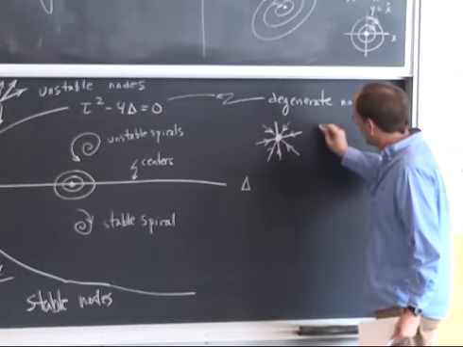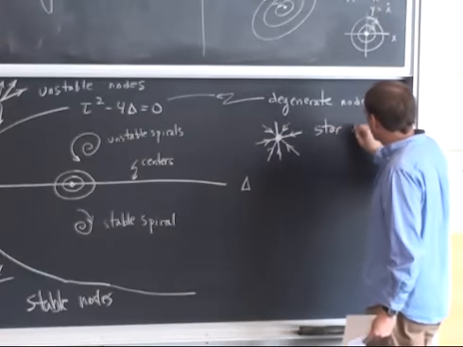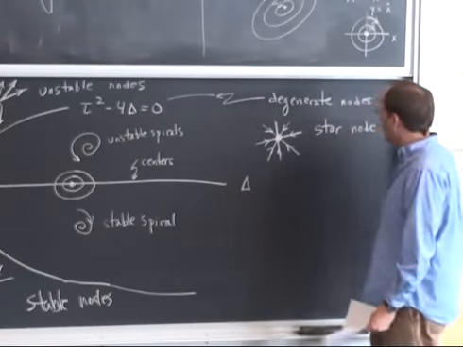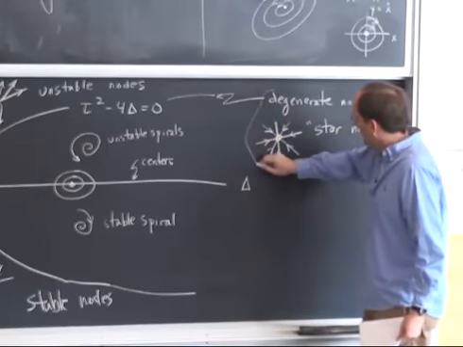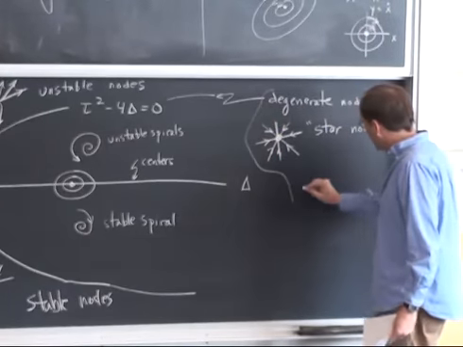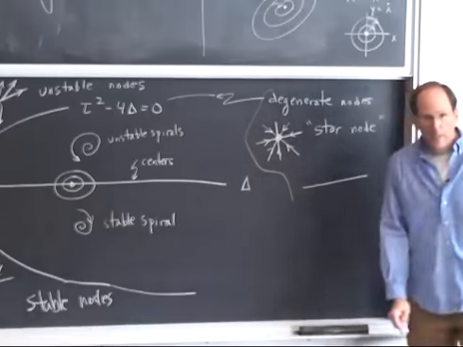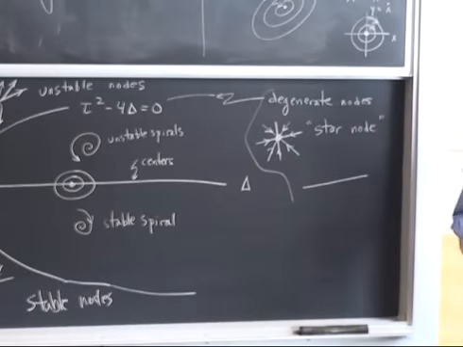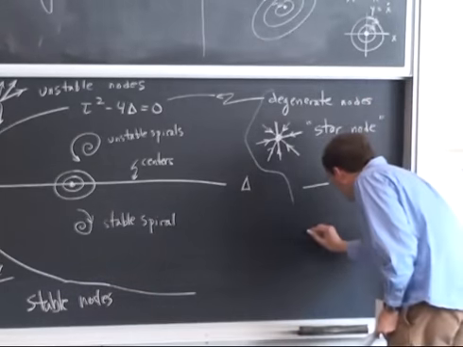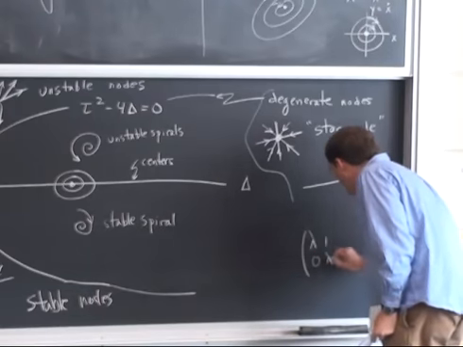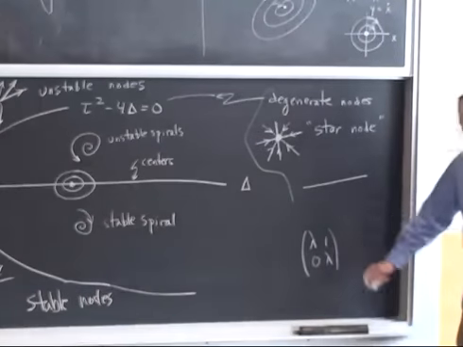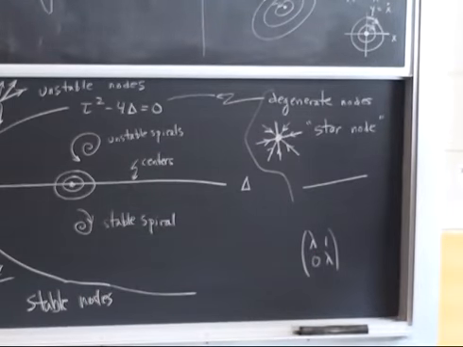When we have this, we speak of a star, for obvious reasons, a star node. Or we can also have very weird ones that have one eigendirection. This is in the case where you have a Jordan block, say something that looks like lambda, 1, 0, lambda. This thing you can check only has one eigendirection, not two.